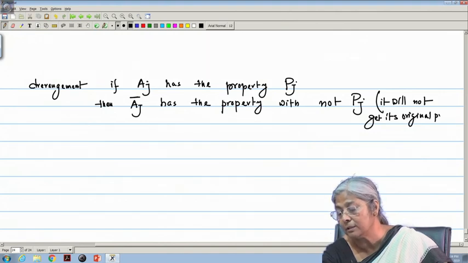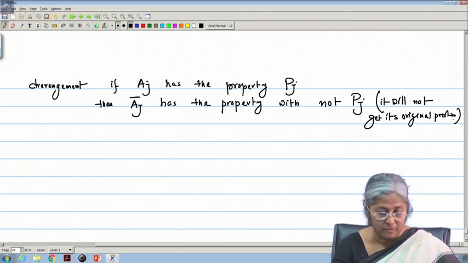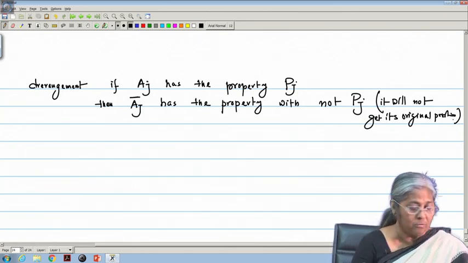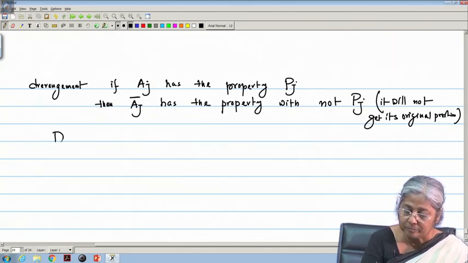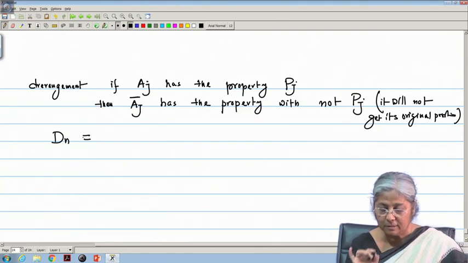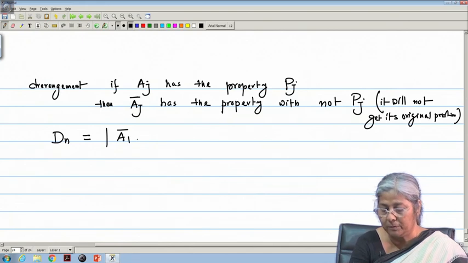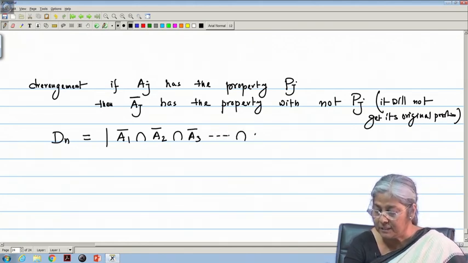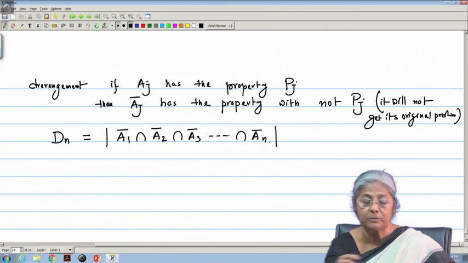So, how is it coming, the way we normally handle it in the inclusion exclusion principle? Now Dn is nothing but the intersection of A1 complement, A2 complement, A3 complement. If I apply the above statement for all n elements, then no one will get its original position.